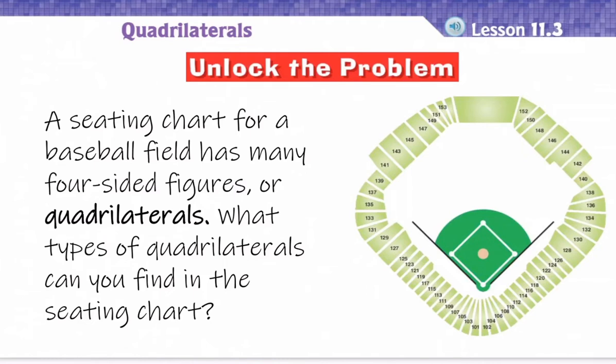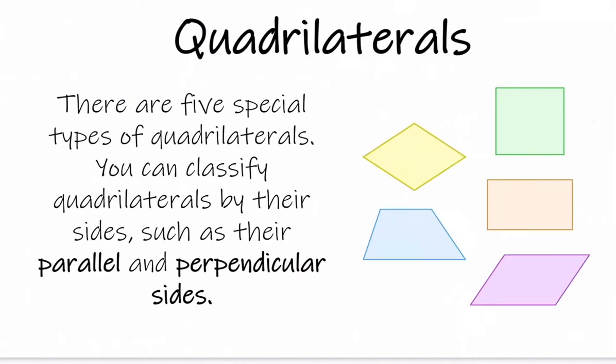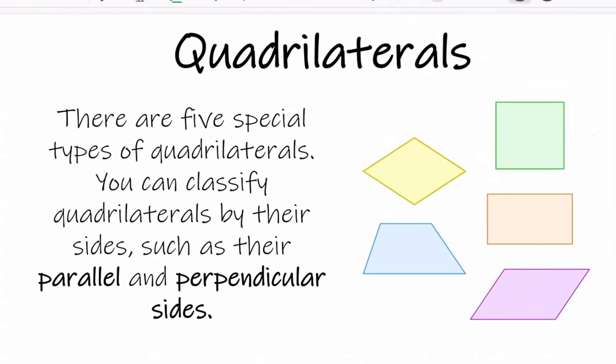And then we're going to go into how do we organize them in a family. And that gets a little complicated, but we'll get there eventually. So quadrilaterals, we know that they're four-sided figures, but there's 5 quadrilaterals that we're going to be talking about today. Only 5.